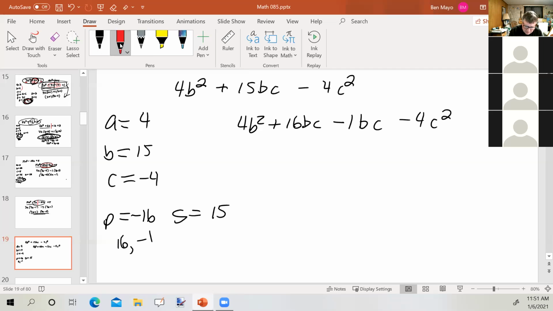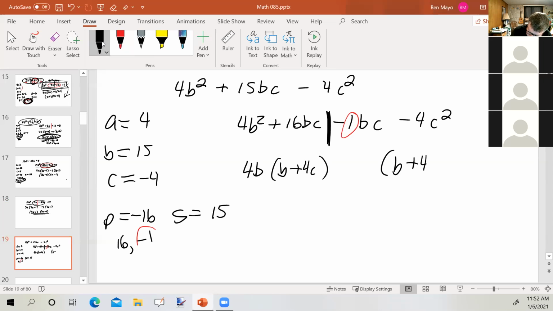And again, technically I don't need to put that 1 there, but it came from right here. Okay, so factoring by grouping, greatest common factor of the first two terms, 4b, leftovers b plus 4c, leftovers b plus 4c, and I need a minus c outside to make it work.